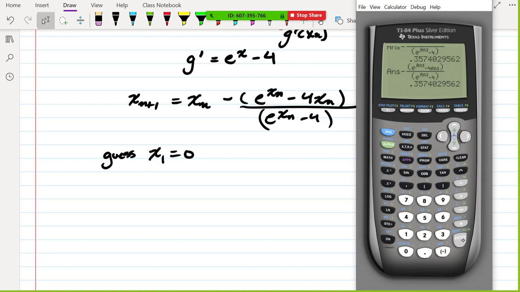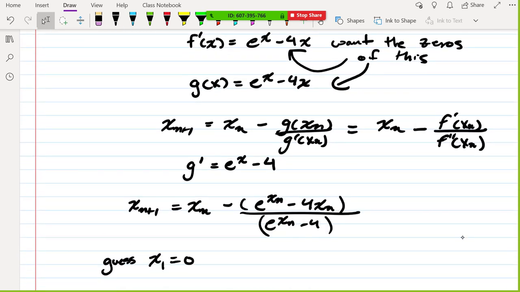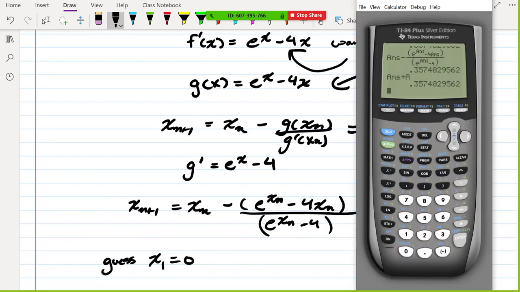All right, well, let's go ahead and save that into my calculator. So if I store this in my calculator, I'm just going to store it as A. It gives me this value. So now, if I want to check that, I could put it back into g and make sure I'm getting what I think. So if I did e to the A minus 4 times A, what should I get when I press enter on my calculator?